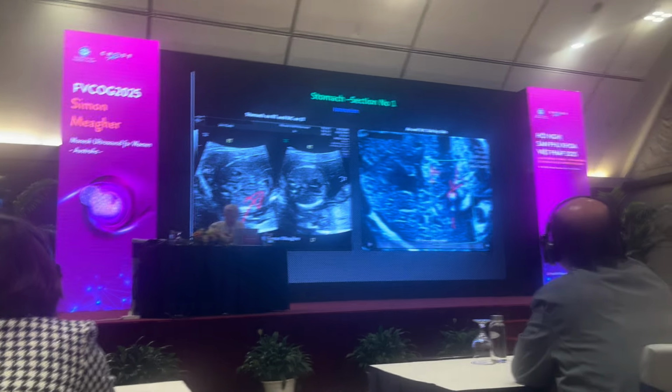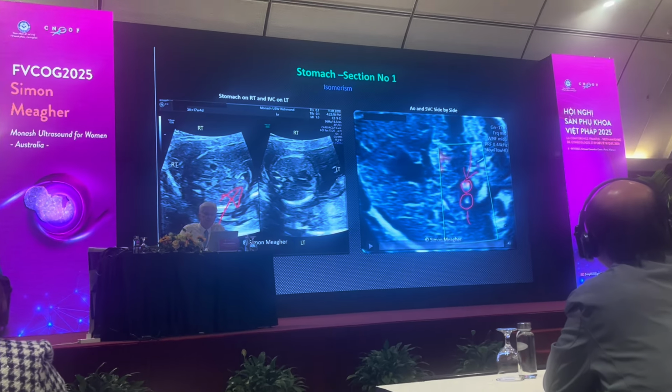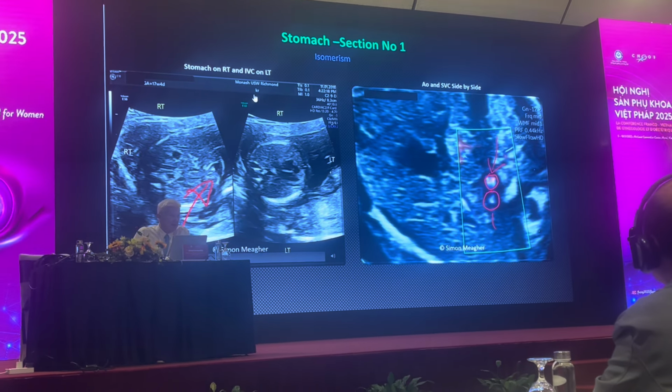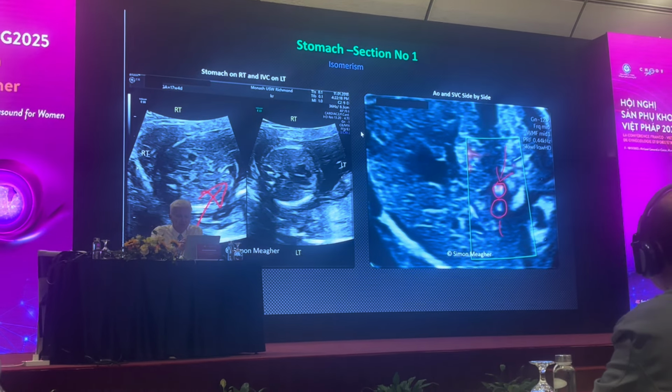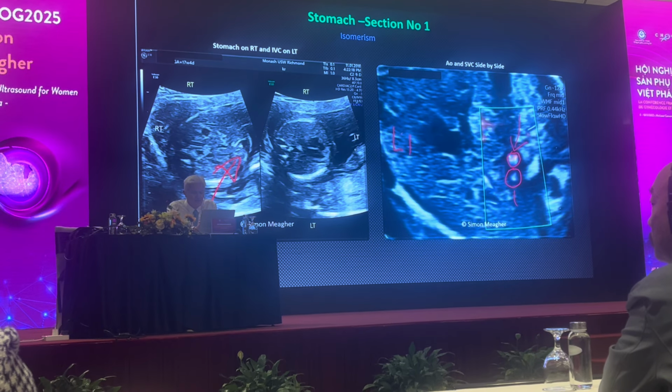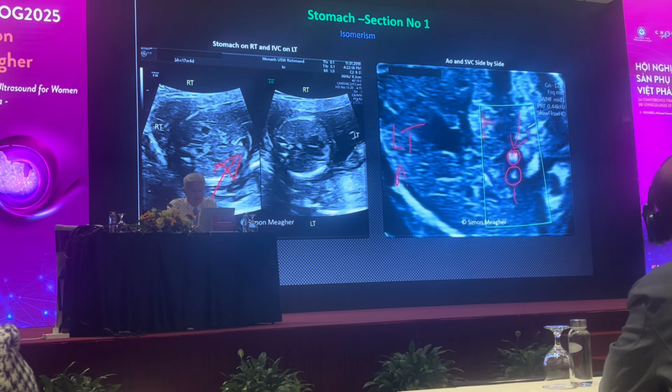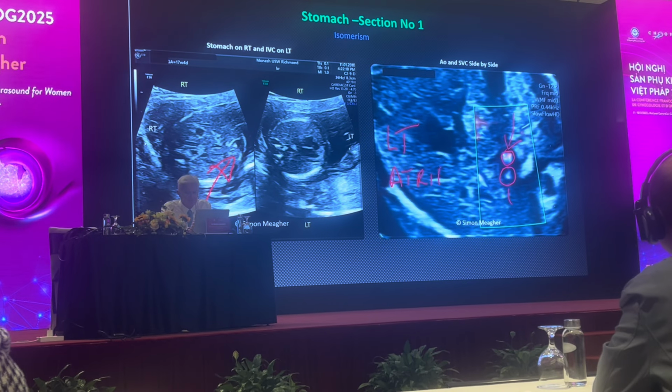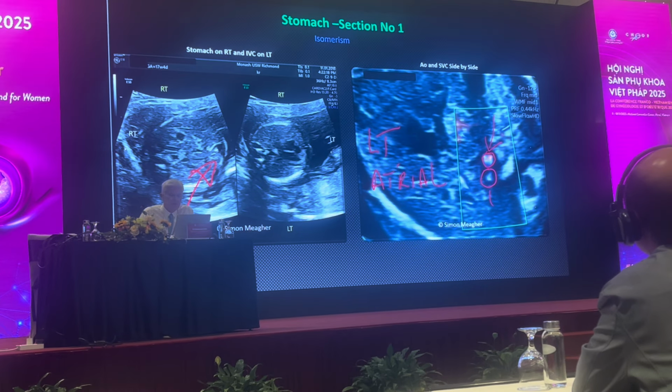That's the most likely explanation as to why the aorta and the IVC are side by side. An interrupted IVC with azygous continuation is a feature typical of left atrial isomerism. And the first clue is by examining the abdomen.